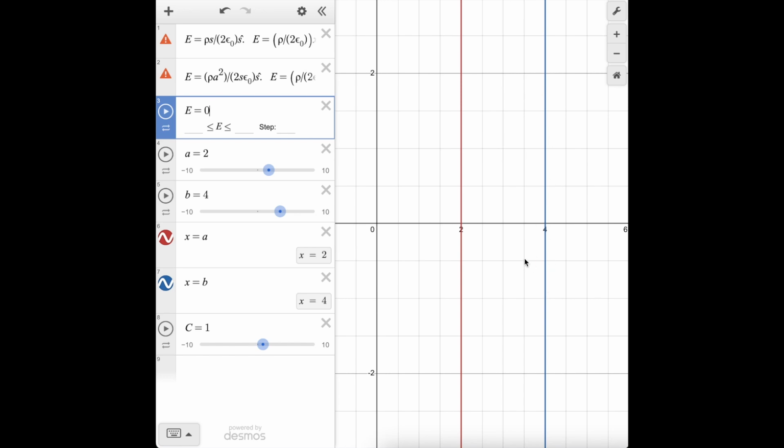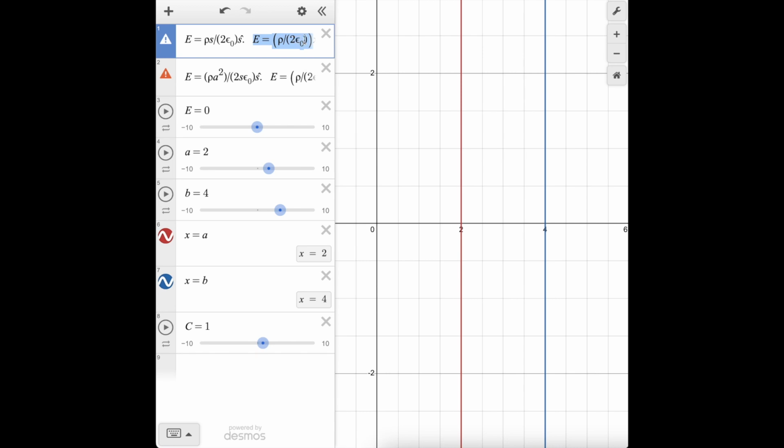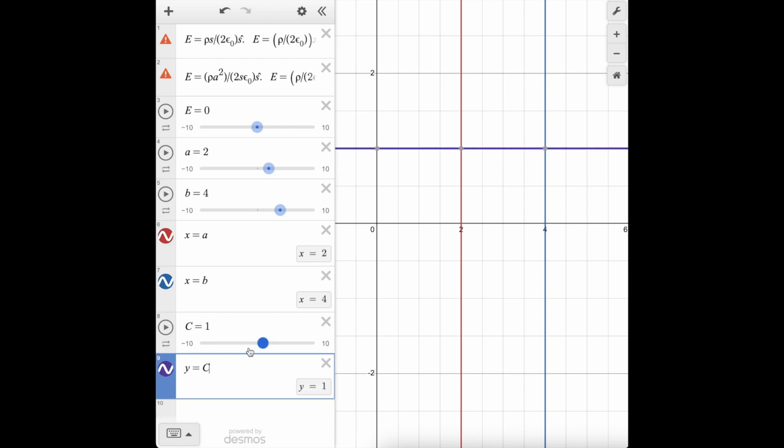Now we're going to rewrite these equations a little bit in terms of constants and the X direction. For the first equation, we see rho S over 2 epsilon naught. Rho over 2 epsilon naught is just a constant, so we rewrite that as C, and S becomes X. So E equals C X. Let's write this first equation: Y equals C, this constant, rho over 2 epsilon naught, times the S direction, or X in this plot.